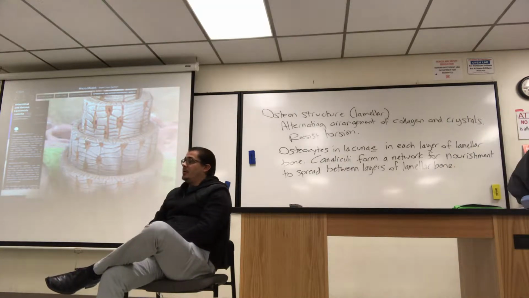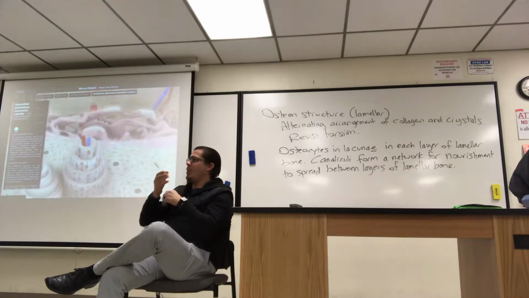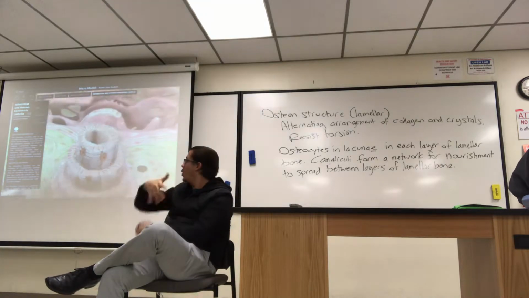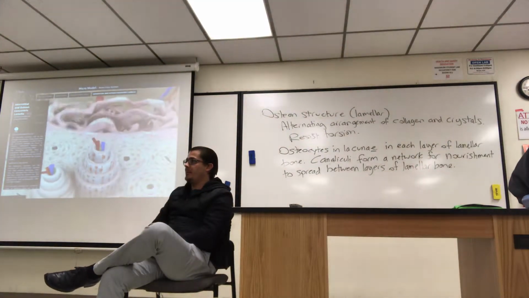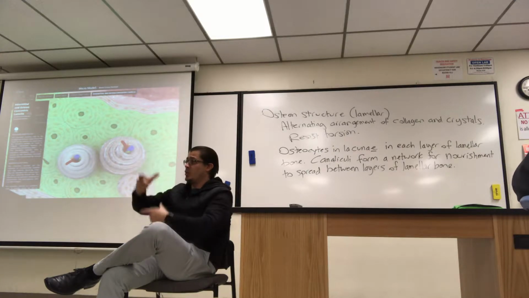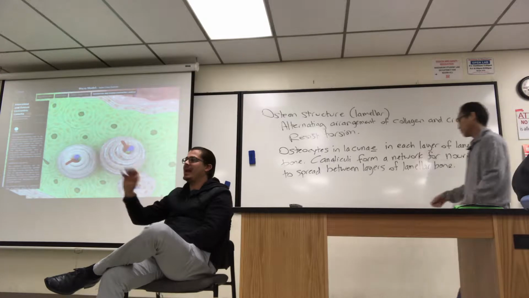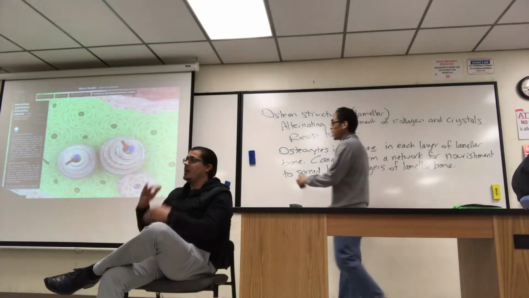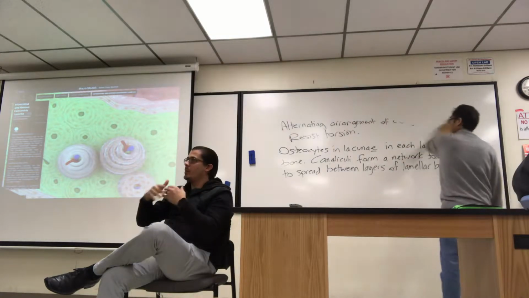Because remember, osteocytes are osteoblasts that became trapped within the layers of bone they secreted. And so all these layers, they surround a central canal, okay? And as you can see, the central canals contain the artery, the nerve, artery, vein, and lymphatics. And the blood has to spread from the central canal out to all the layers. You can use the canaliculi to get to each cell.